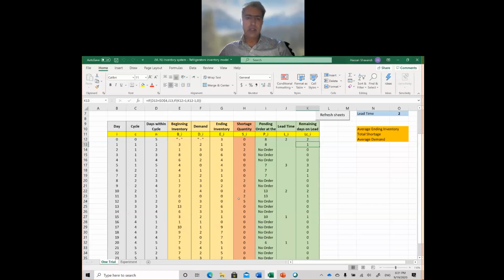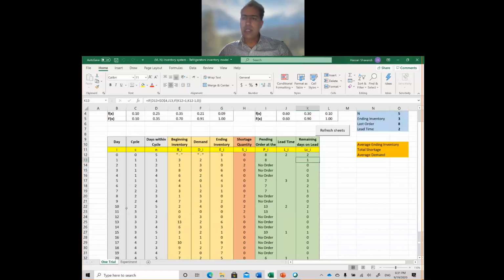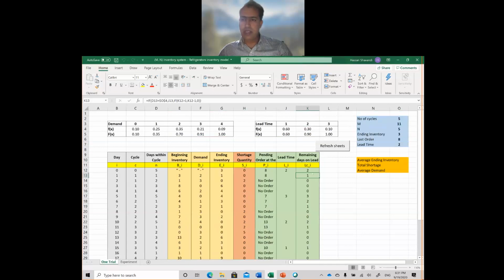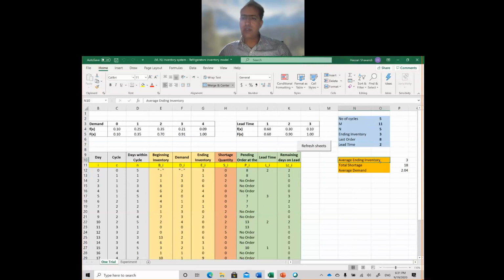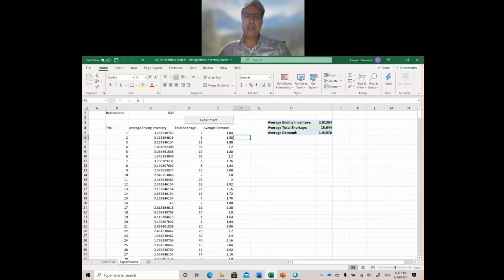As you see here, we have the results for 25 days and the average ending inventory. These are our measures: average ending inventory, total shortage, and average demand. These 3 numbers are the average for the 25 days. If you replicate this simulation for, let's say, 500 times, then the results will be more stable and more reliable.